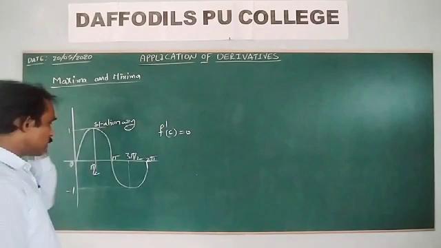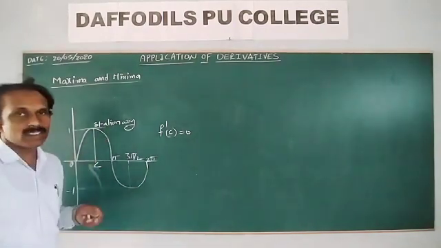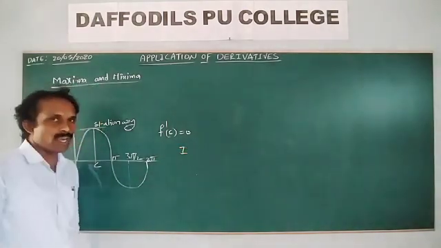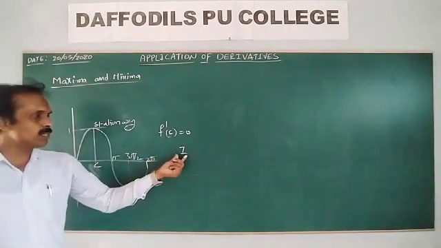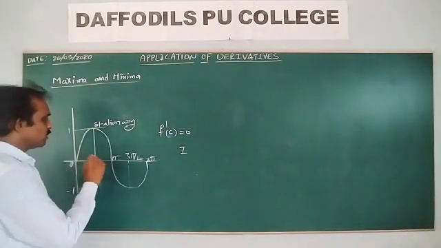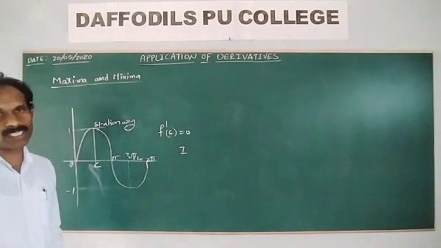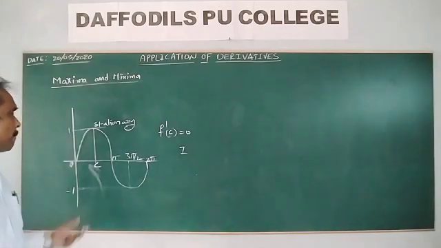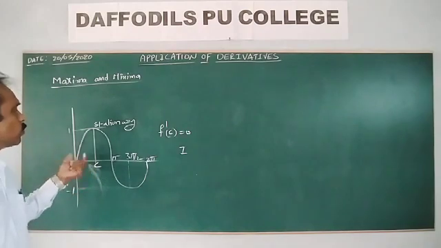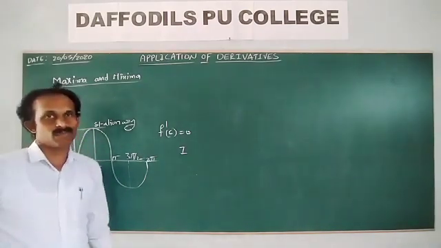So suppose this is a point C, f is a function in some interval I, and C also belongs to the interval I. Then C is a stationary point, and f dash C is equal to 0. What is the nature? This one changes its nature, and it is used to separate the increasing and decreasing parts.